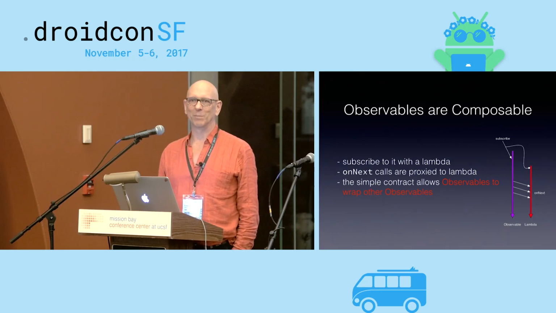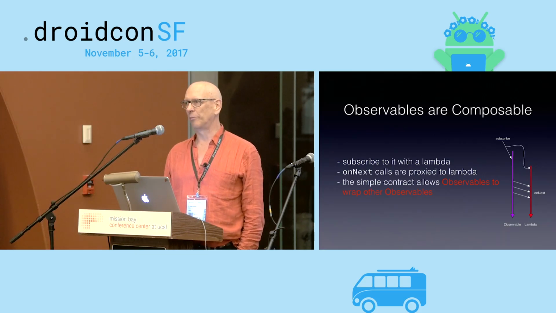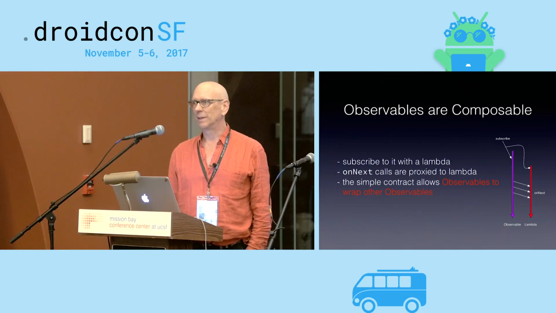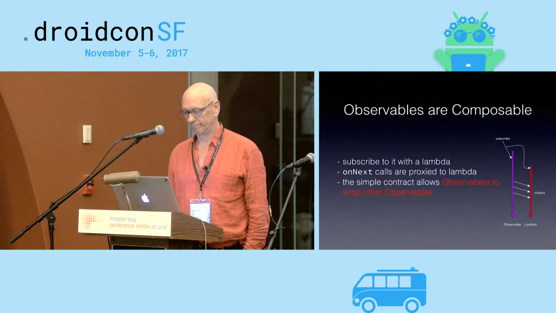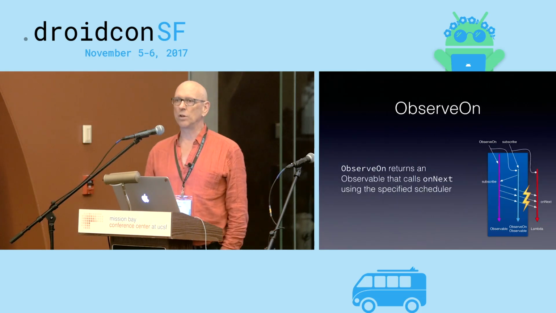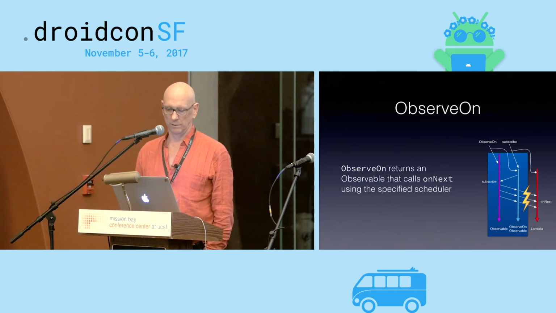Observables all look the same. So I can wrap some observable in another observable, and you can't tell the difference. So they are composable. Given those two things, let's have a look at what observeOn actually does.